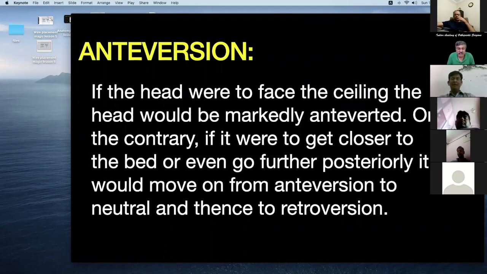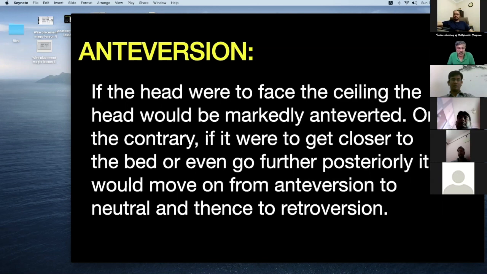If the head were to face the ceiling, the head would be markedly anteverted. On the contrary, if it were to get closer to the bed or even go further posteriorly, it will move on from anteversion to neutral and then to retroversion.